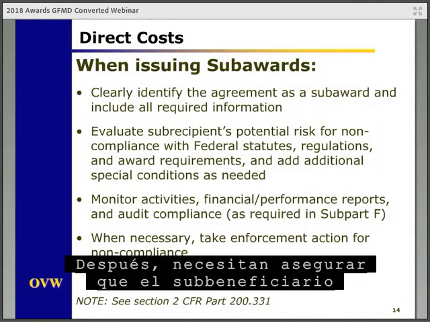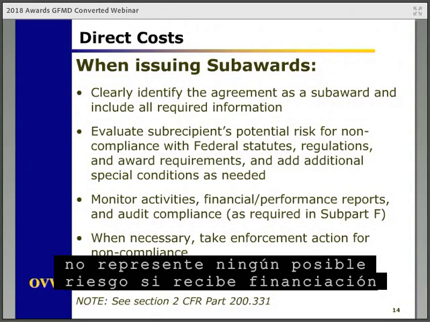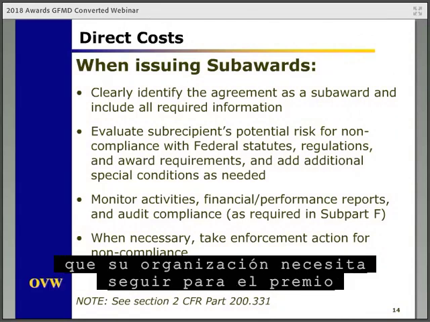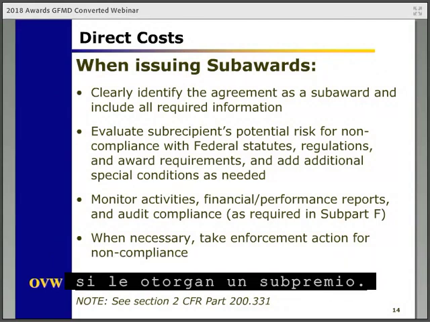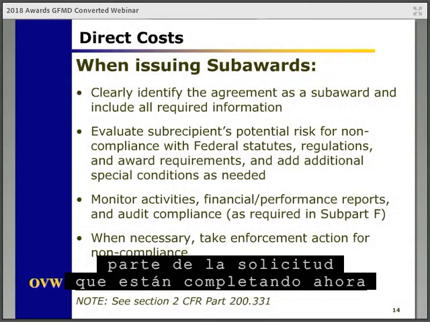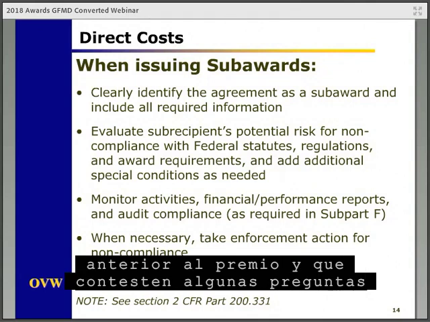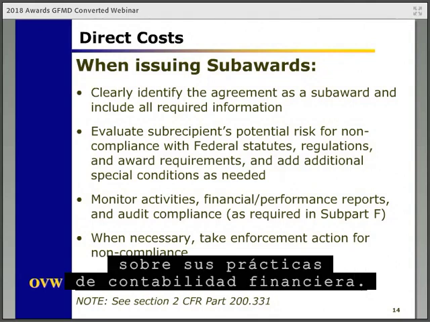Next, you need to make sure that the subrecipient doesn't pose any potential risk if they receive funding and can comply with the same federal rules and regulations that your organization needs to follow for the award if you subaward them. If you recall, part of the application you're filling out right now requires that you complete a pre-award risk assessment and answer some questions on your financial accounting practices.